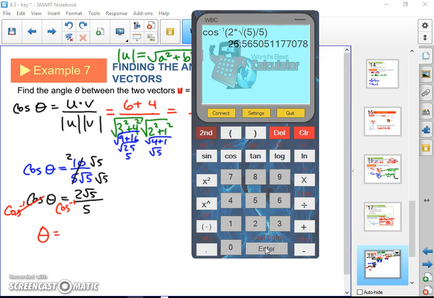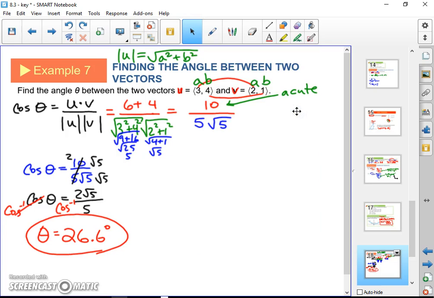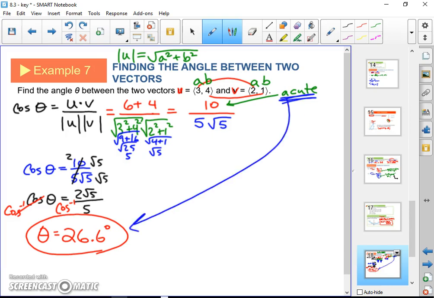Okay? So theta is about 26.6 degrees. I'm talking about the angle in between the two vectors. Now remember, we knew that it was going to be acute as soon as we got that dot product value of 10, but specifically, that acute angle is about 26.6.